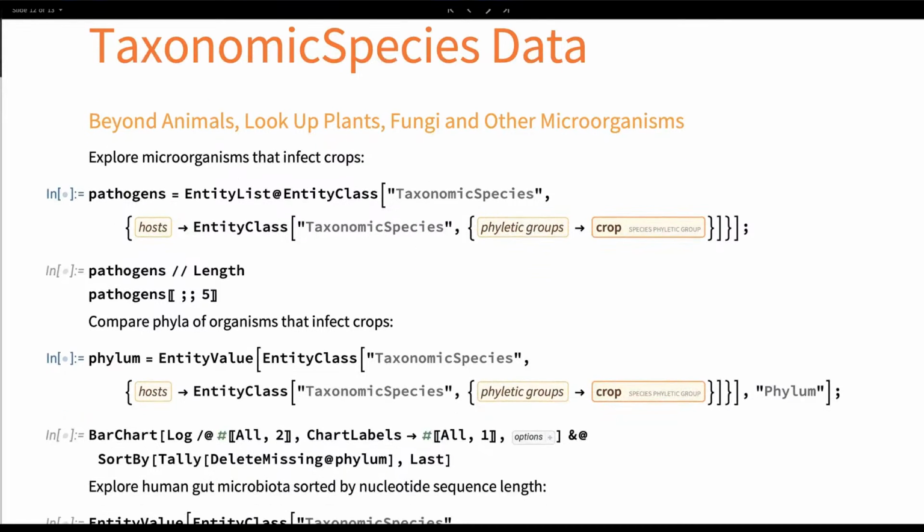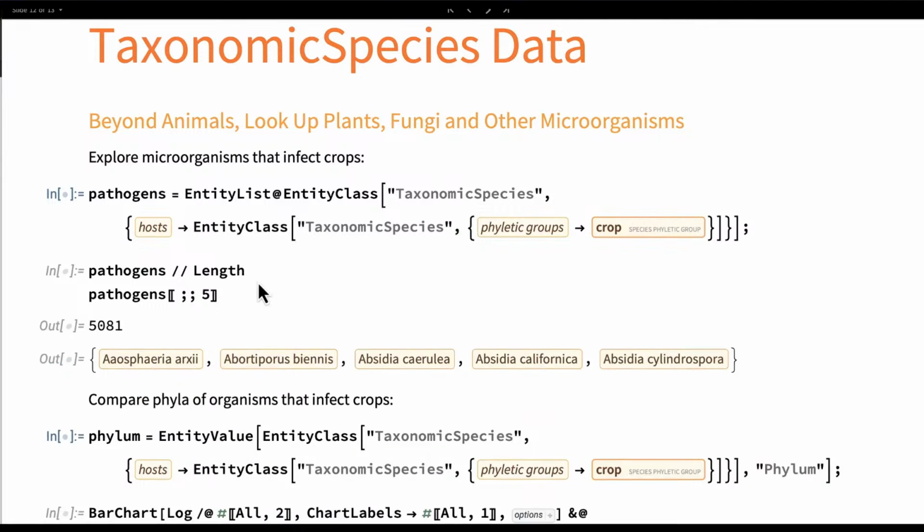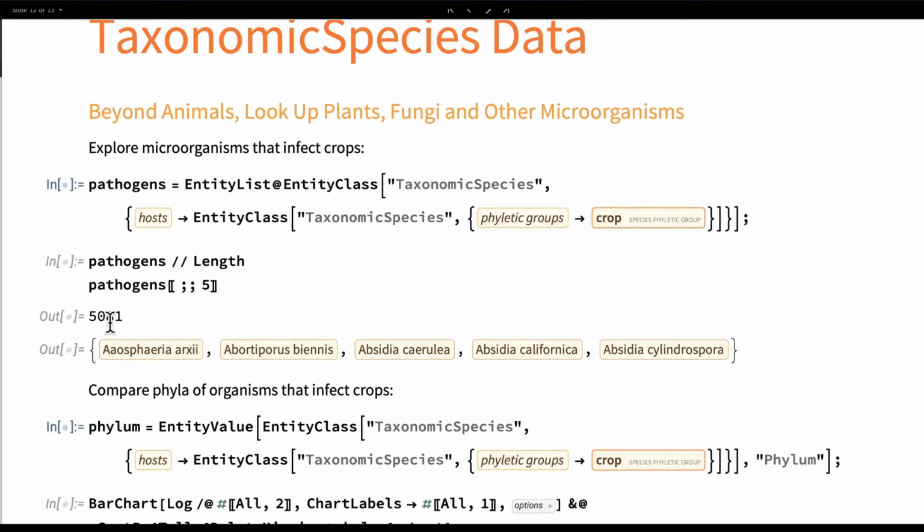There are microorganisms that infect humans, animals, as well as other plants. Here, for example, you can explore microorganisms that specifically infect various crops. There are about 5,000 species reported, and here are some examples.